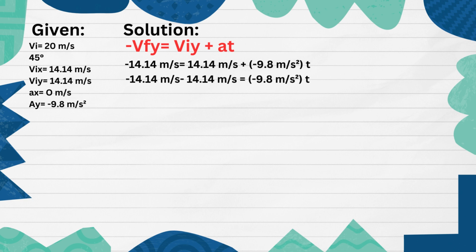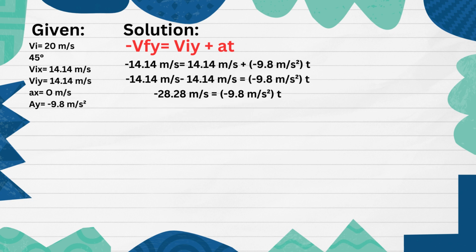So, we transpose it. The 14.14 will be negative. Then solve for negative 14.14 minus 14.14 m/s, and the answer will be 28.28 m/s is equal to negative 9.8 m/s squared times time.